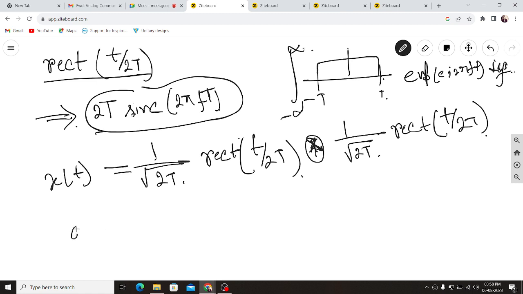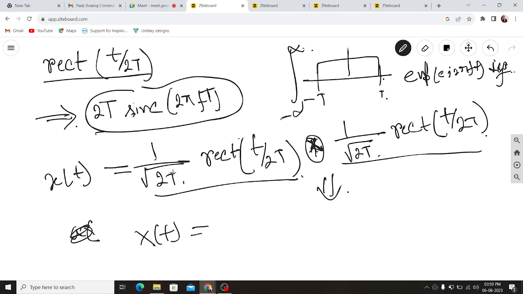So again, now see, this is the convolution. So it will convert into a multiplication. So what will be the x of f? X of f will be 2t sinc square, from this property.